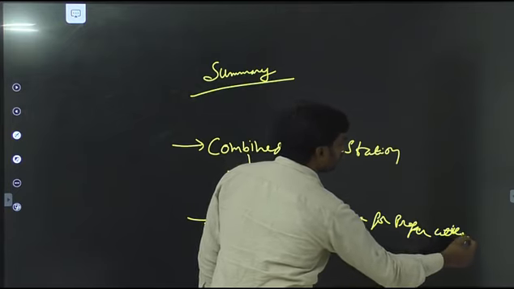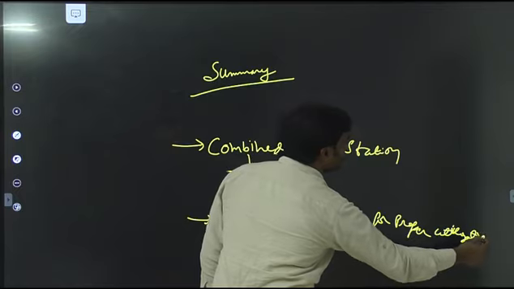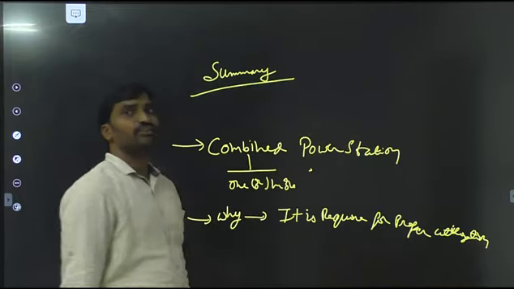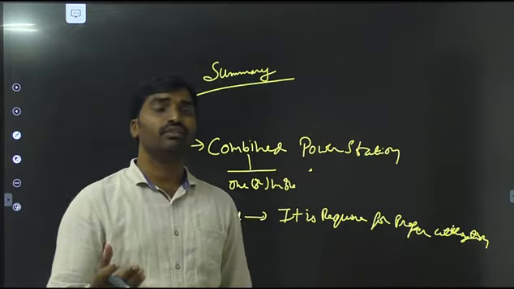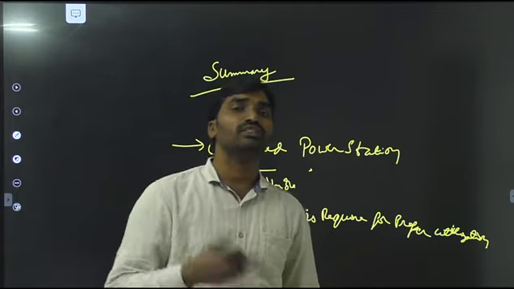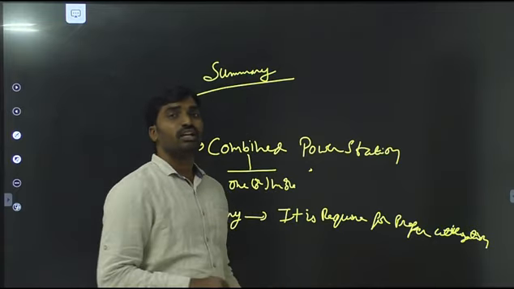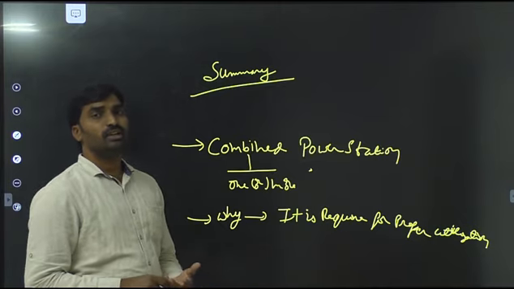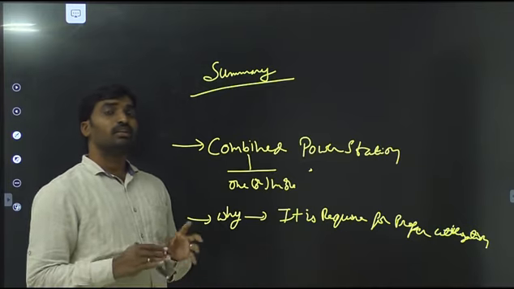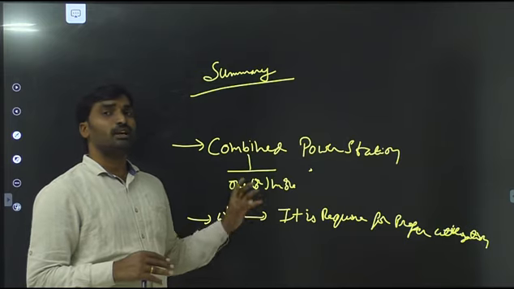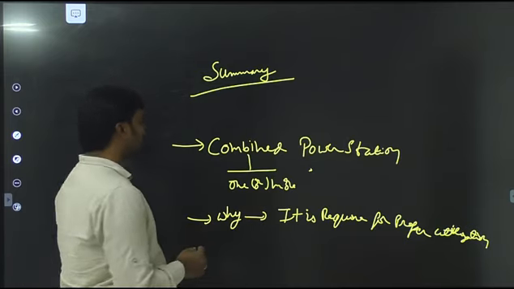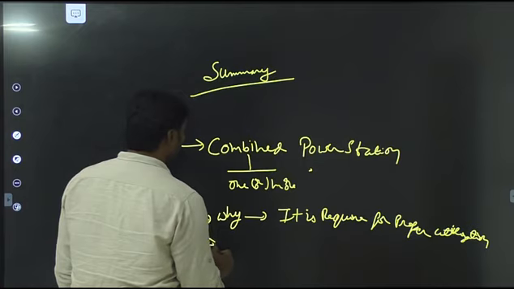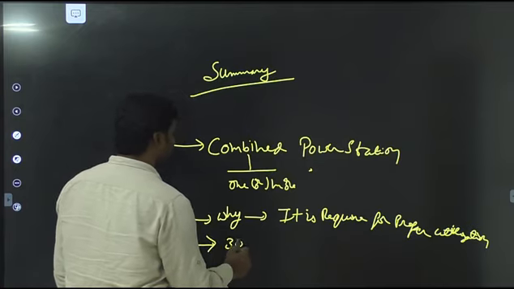Otherwise, what happens? It causes wastage of heat energy and wastage of natural resources. So that's why we need to adopt it for high efficiency at optimum conditions. Okay. So what are the major things in combined power plants? In general, if you consider one power plant, its efficiency is around 30%.